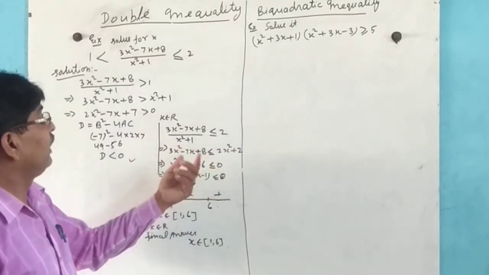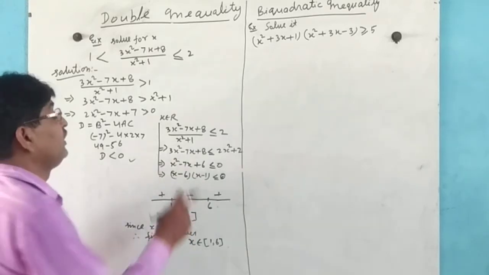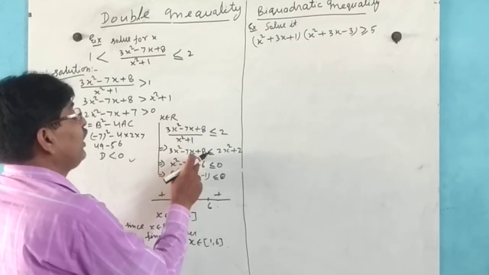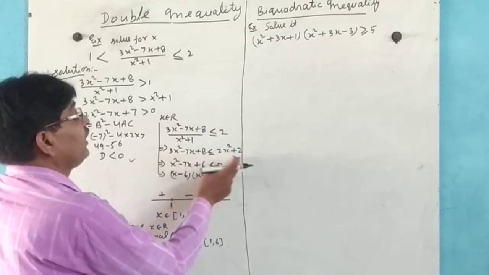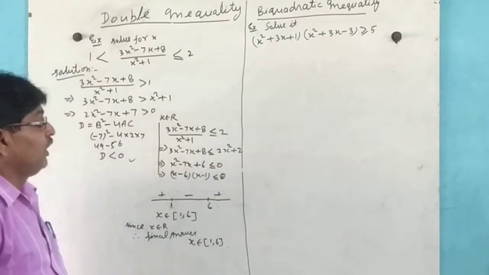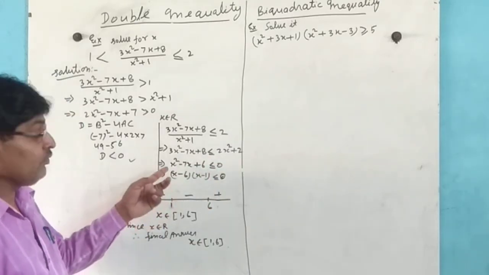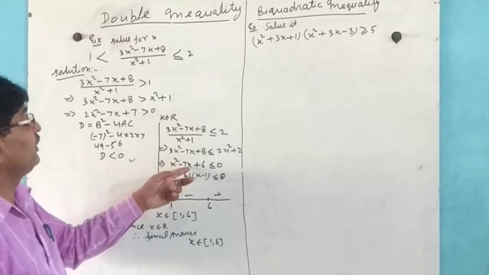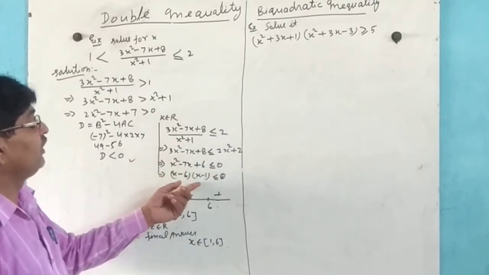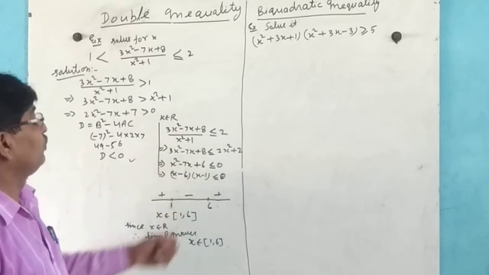Now changing the side, 3x square minus 2x square gives x square minus 7x, and 8 minus 2 is 6, this is less than or equal to 0. Factorize x square minus 7x plus 6: it is (x minus 6)(x minus 1).